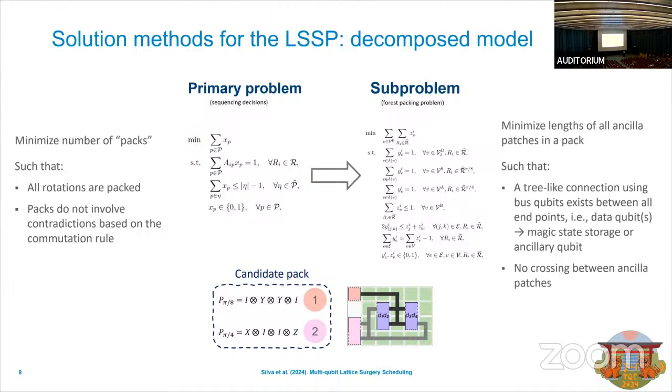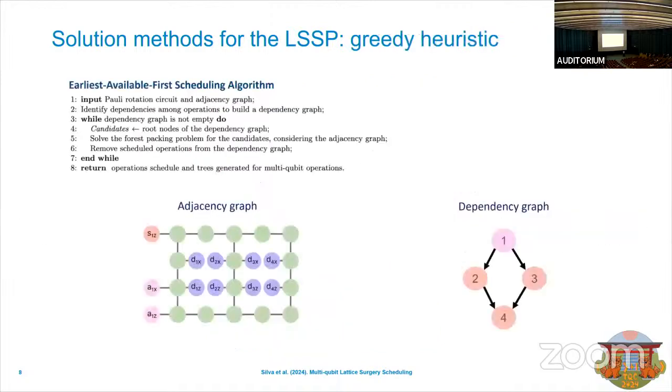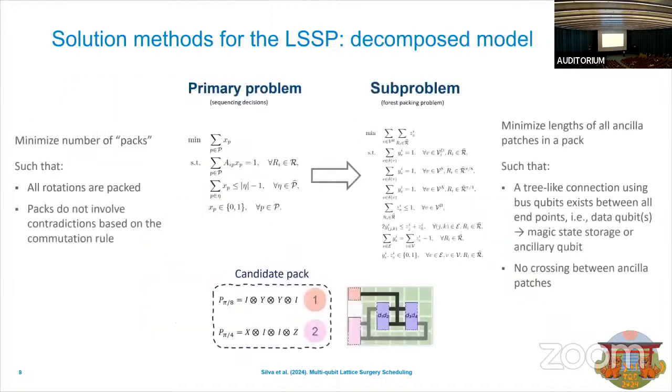And given a certain pack of operations that are candidates, we try to solve the sub-problem that generates the trees that connect the qubits requested by each one of these operations, and seek a feasible solution for these packs, also minimizing the number of bus tiles that are used for the construction of these trees.